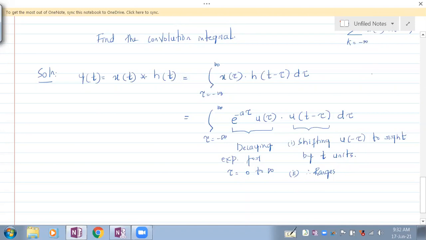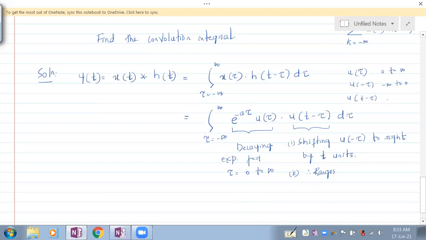See, u of tau, everybody just see it, u of tau ranges from 0 to infinity. U of minus tau ranges from minus infinity to 0. U of t minus tau ranges from t to infinity?